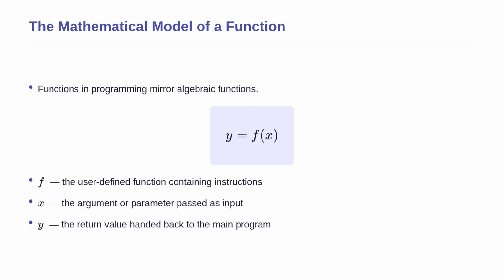This is the input data you pass into the function when you call it. Finally, the variable y represents the return value, which is the final result the function hands back to the main program after finishing its work. Just like in math, if you change the input x, the function will process it and likely produce a completely different output y.